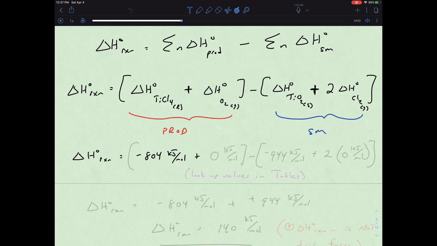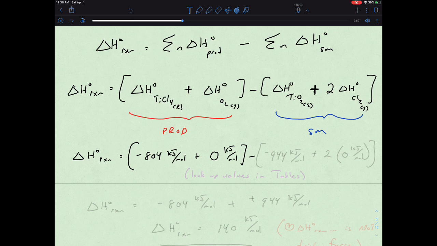So we have a negative 804 kilojoules per mole for the titanium tetrachloride. And oxygen, since it's actually elemental, would be 0.